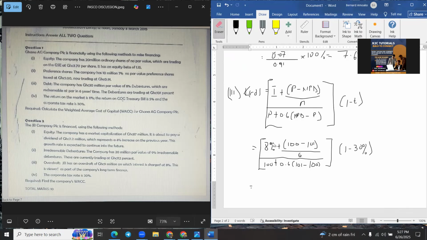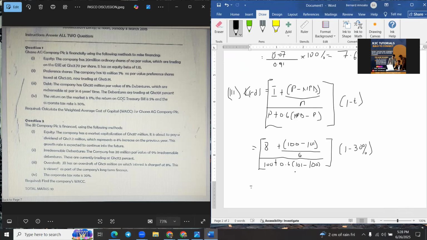And so 8% multiplied by the par value of 100 should give you 8. So what is 100 minus 101 divided by 6 plus 8 should give us a figure.